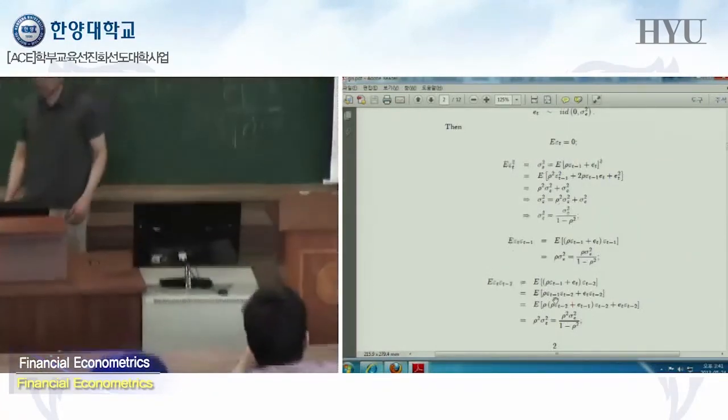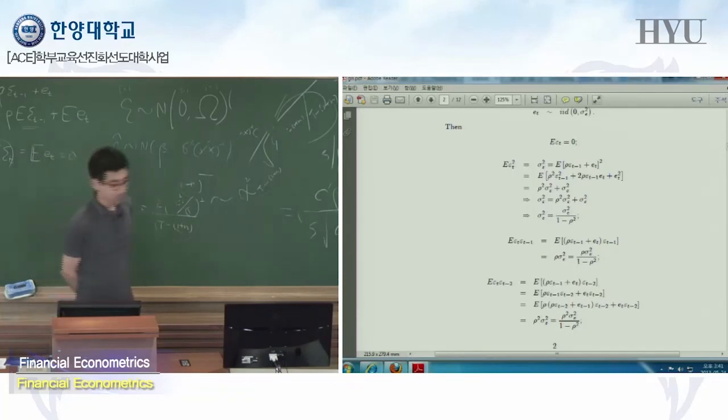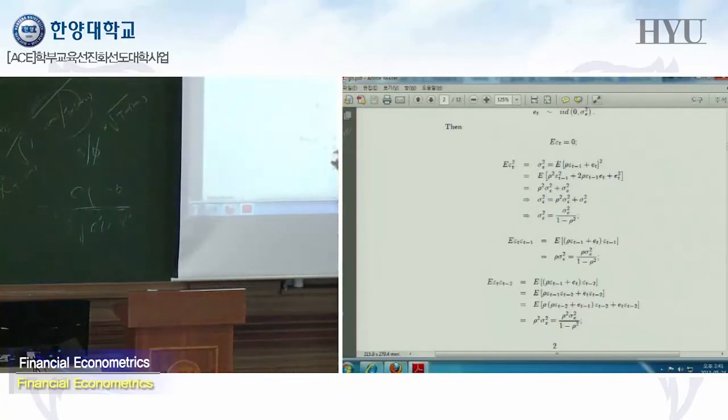And then again, since epsilon t minus 1 is the same as rho epsilon t minus 2 plus e t minus 1, we can plug that in. So we have the expectation of rho times (rho epsilon t minus 2 plus e t minus 1) times epsilon t minus 2, plus e t epsilon t minus 2. Right? And from this, we can put the expectation inside.